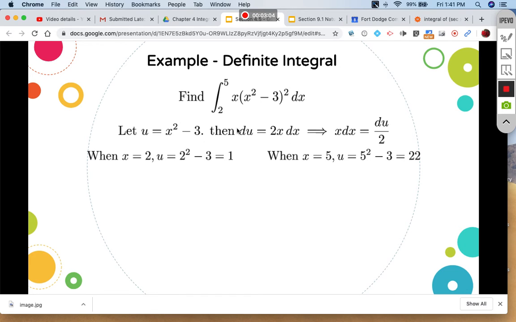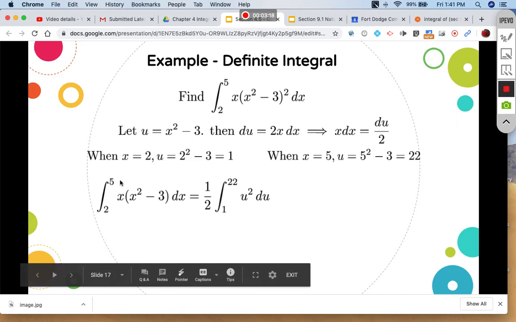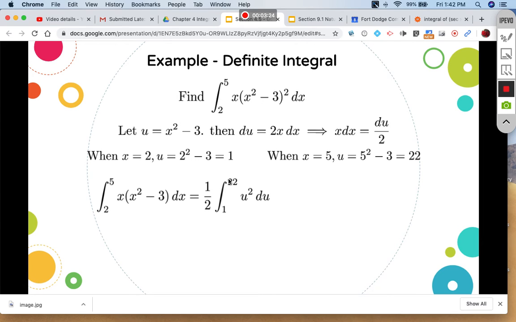Now u is x squared minus 3. So if x is 2, u is 2 squared minus 3, which is 1. At 5, 5 squared minus 3 is 22. So now I can rewrite this integral totally in terms of u. My limits of integration are in terms of u, 1 to 22.